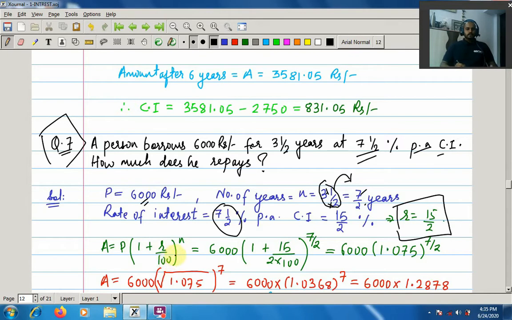So the amount he needs to pay back to the bank or the person from whom he had borrowed is calculated by this formula: Amount is equal to principal into (1 plus r upon 100) raised to n. So put all the values at their places and solve it.